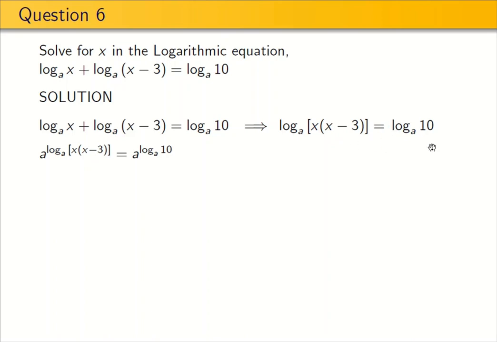In the same way, I can take the whole of this, take a certain base and raise it to the power of this, and take the same base and raise it to the power of this, like I did here. So I took a to the power of the logarithm of this side, and a to the power of the logarithm of this side. Now recall from exponential equations. I've done a video on that, solving plenty of questions on exponential equations. So if you don't understand this, you can go back and check that.